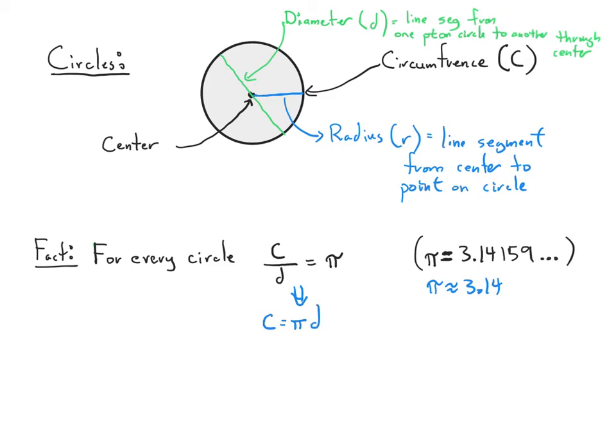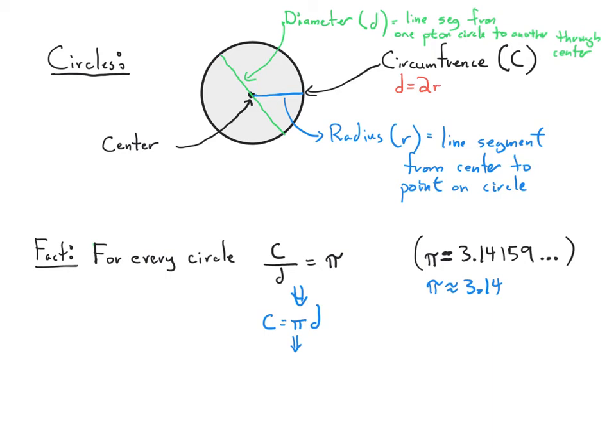Another way you might see this expressed as well is in terms of the radius. If we look here, the radius is half the length of a diameter. So if I have a diameter, it's twice the length of the radius. So another relation is that a diameter is twice the length of a radius.